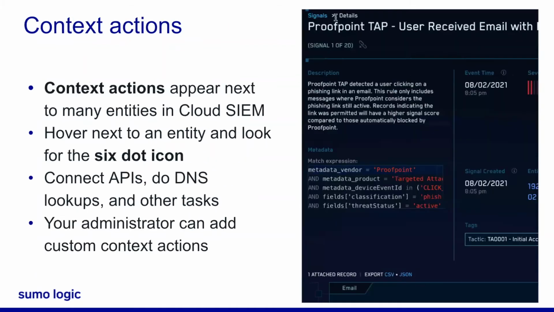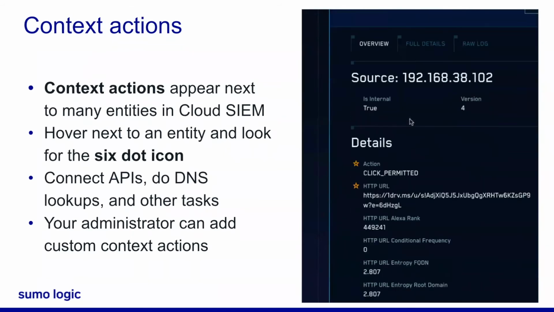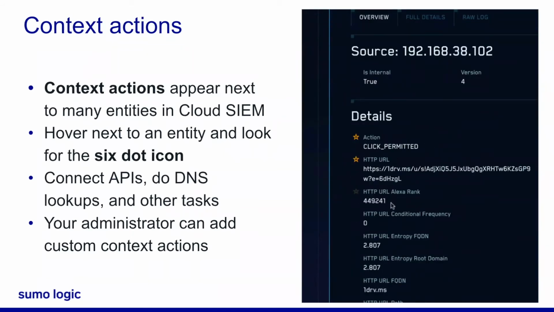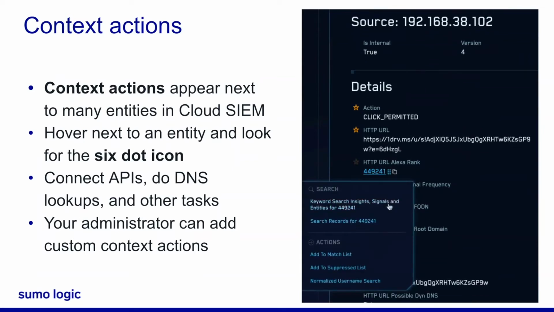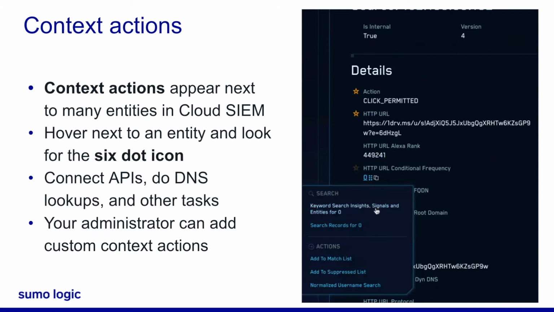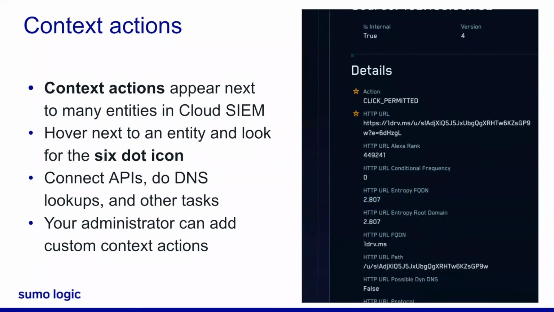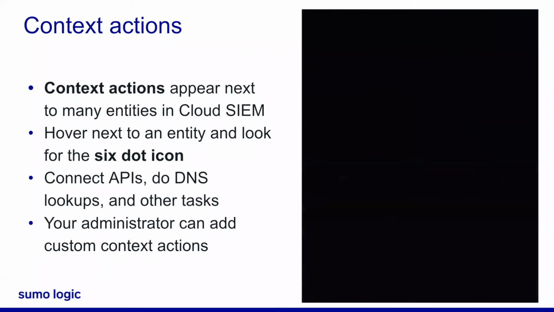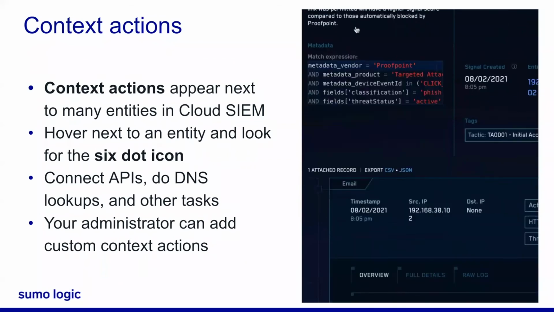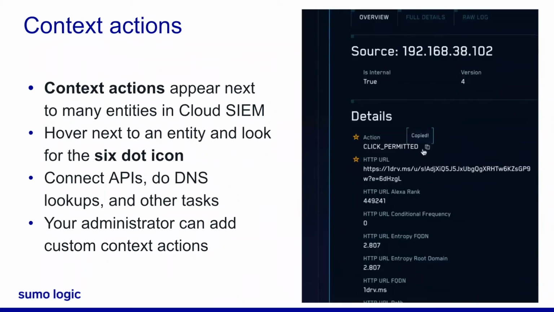Now, context actions. Context actions are going to be found throughout the CloudSIM UI and are going to be useful for in-depth investigations. Many entities in the Insight, Signals, and Entity pages have context actions. You can hover next to certain entities and the 6-dot icon will appear, as you're starting to see in here, if context actions are available for that object.